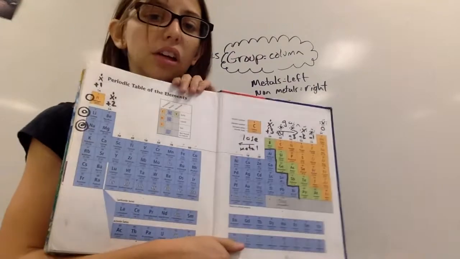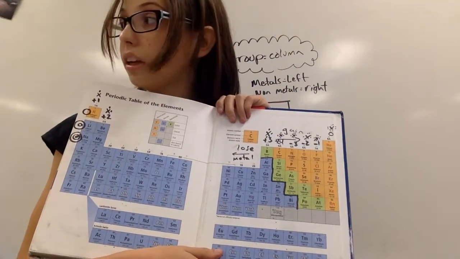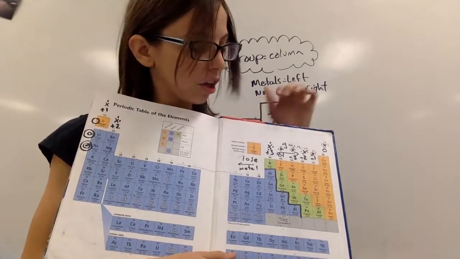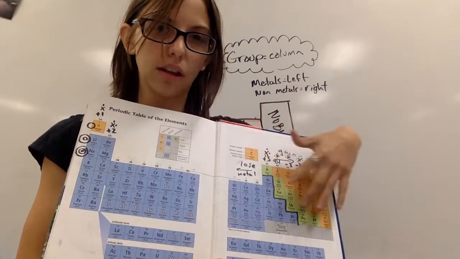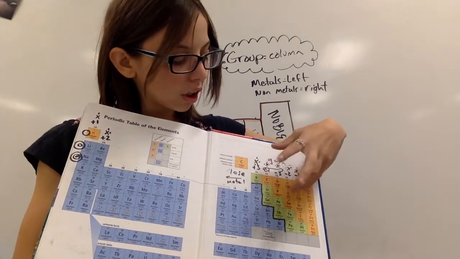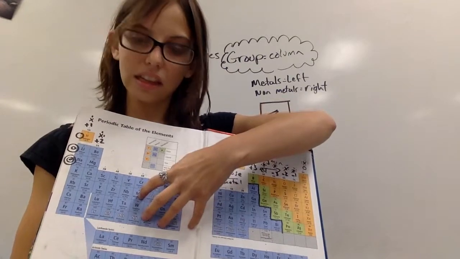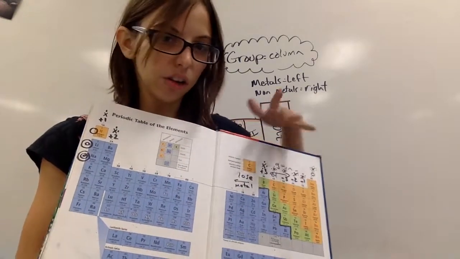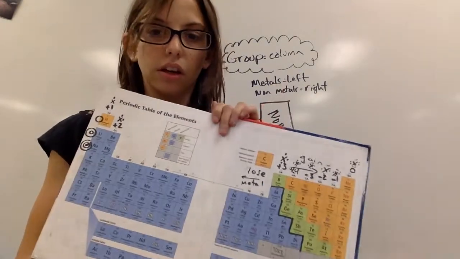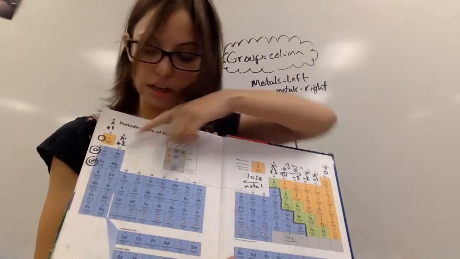In this particular book, the metals are in blue and the nonmetals are in orange. These in green here are metalloids. They're not quite metals, they're not quite nonmetals. They're generally solids at room temperature, but they don't quite act like these, so they're kind of in their own little category. The only exception to this metal-nonmetal rule is hydrogen.